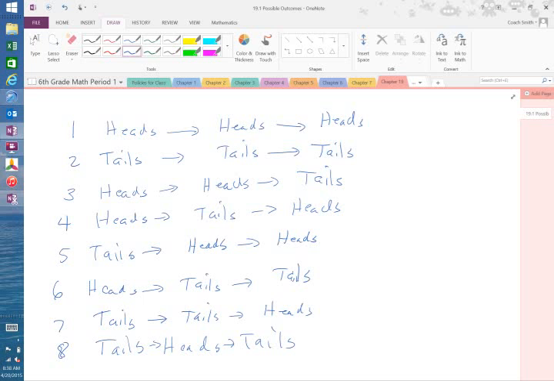For example, if I'm at a football game and I want to receive the first half kickoff, I want to be on offense first, so when that referee flips the coin and I call heads, that's a favorable outcome. I want it to land on heads so I can get the ball first. Unfavorable would be that it lands on tails.